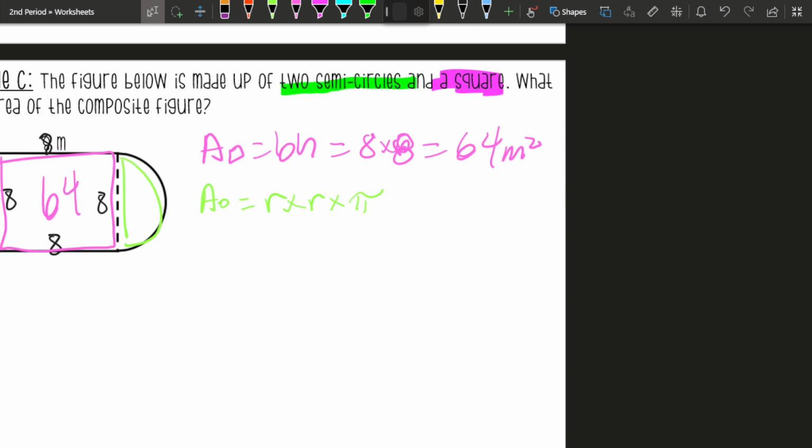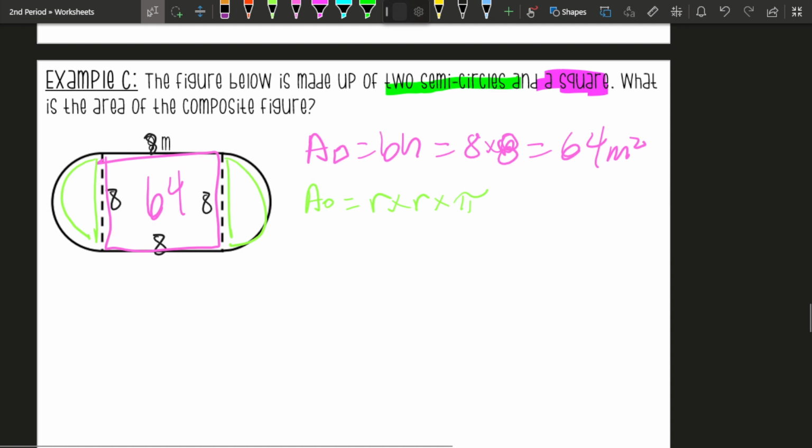If you only see that, you only have the square and half of the circle. We already found the square, 64. Once you find the area for that half circle, what do you have to do at the end? Divide by 2 because it's only half a circle. But in this case, the two halves make a whole, so we don't need to do any of that. That's just in case.